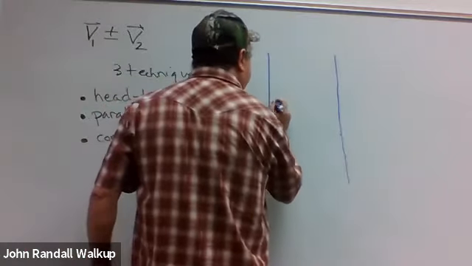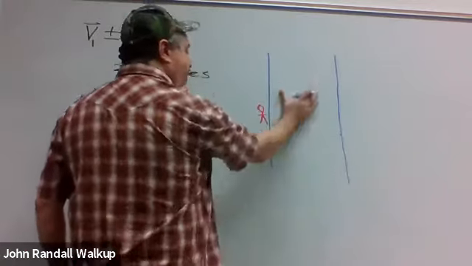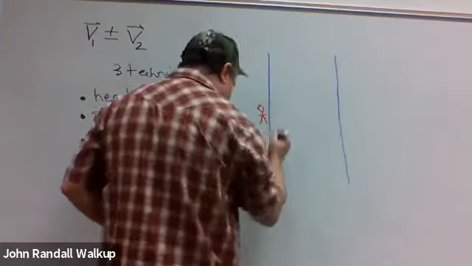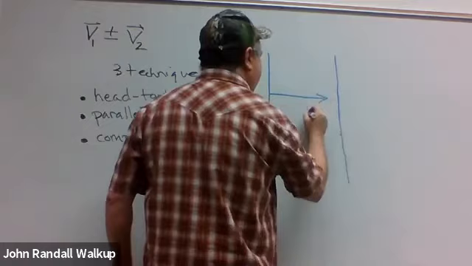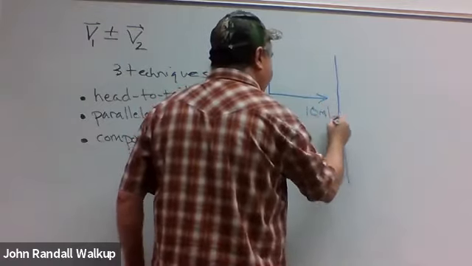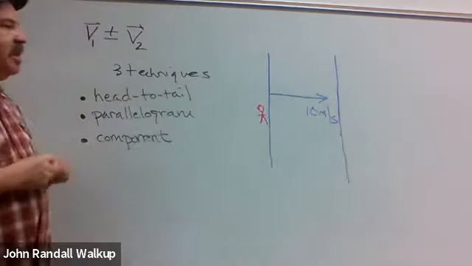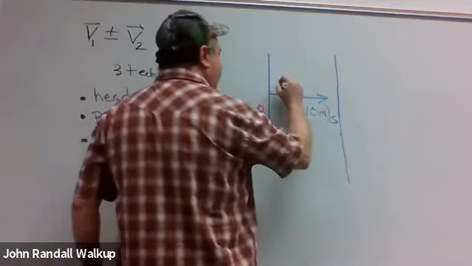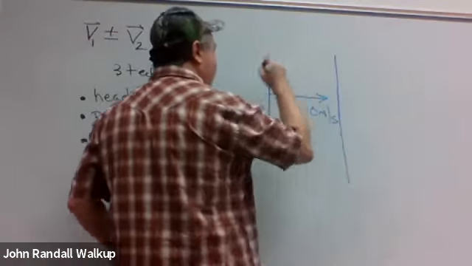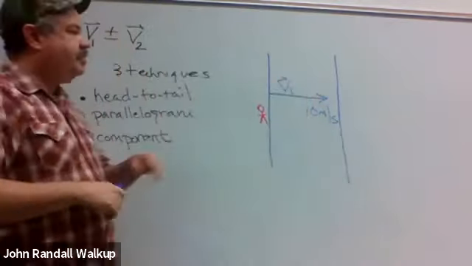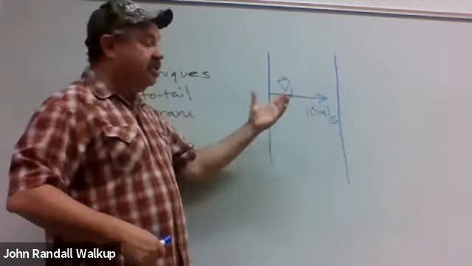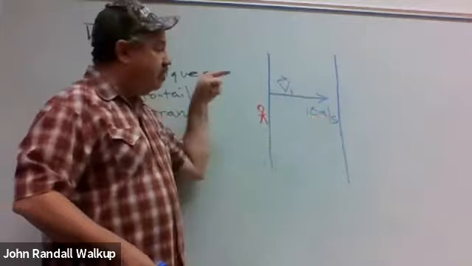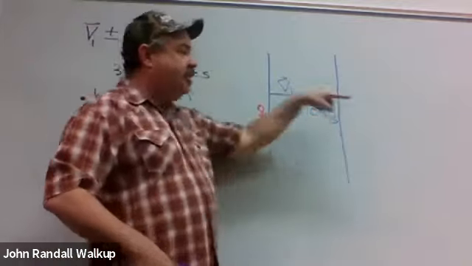Initially we have no water, and we're just going to take our boat and go across at a speed of 10 meters per second. This is our velocity vector V1. The length of the arrow represents the speed, 10, and the direction is the direction in which we're traveling.